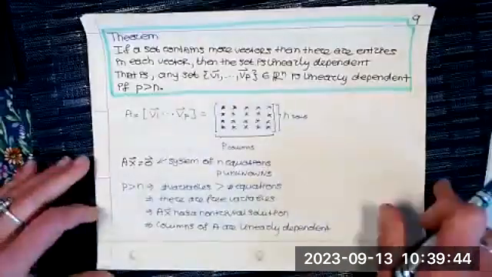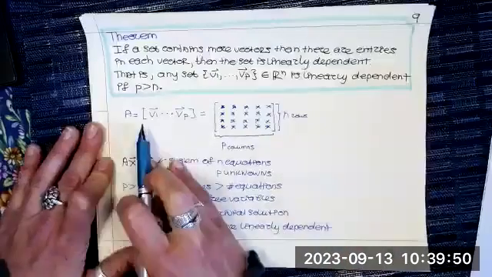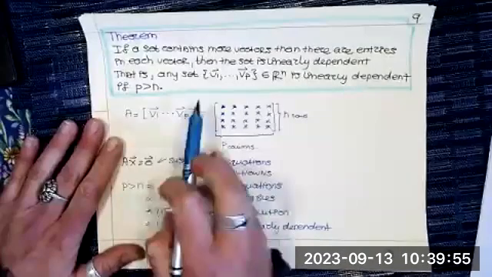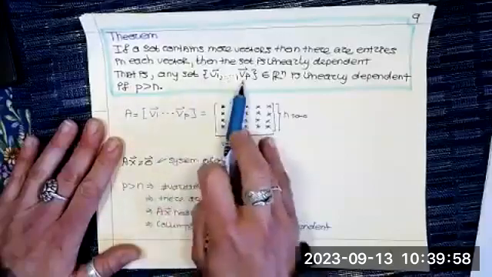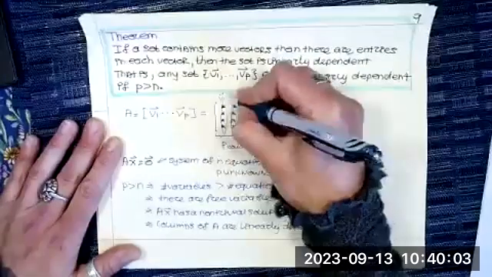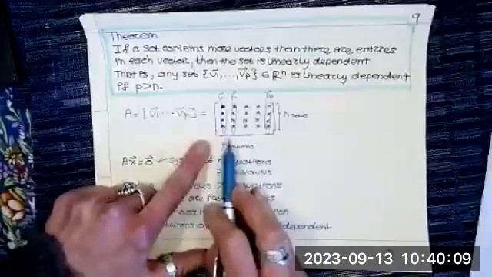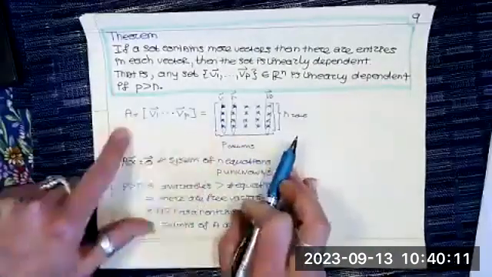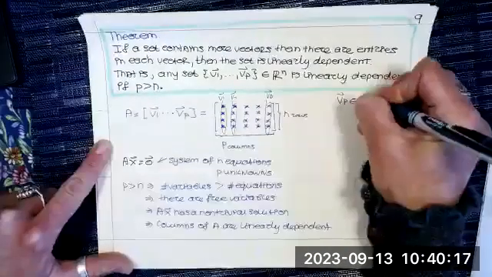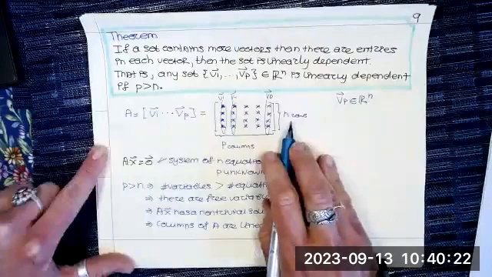And why is this true? Conceptually, we can think about it. When I'm checking my linear dependence or independence, I'm forming my matrix A with columns corresponding to my vectors in the set, right? So first column V1, second column V2, all the way to VP. So my matrix has P columns, but because my vectors Vi belong to Rn, they will have n components, so I will have n rows, right?